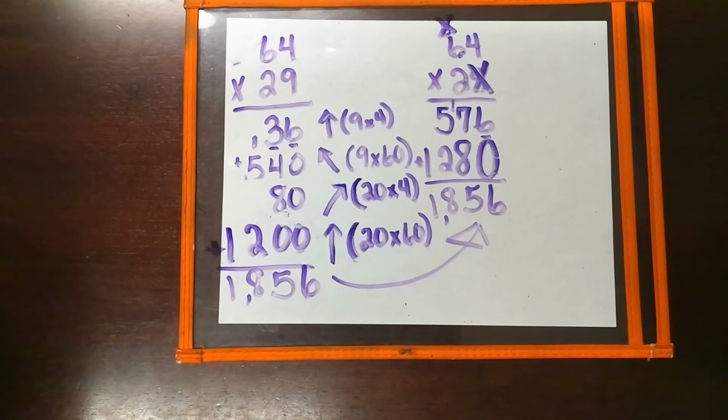When I'm doing standard algorithm, I'm also doing the partial products method. Then we have about 2 days where students get to practice whatever multiplication strategy that they want to use. They've been introduced to them all now. Our goal is to get them efficient and accurate with one of these strategies.